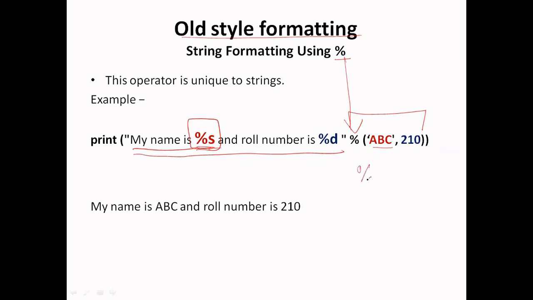So after the percentage symbol we write the tuple, and inside this tuple we can use the variables or values. These values will be replaced here with the respective format specifier. So percentage d will be replaced by 210, and percentage s will be replaced by abc respectively. So we will get this string as an answer.